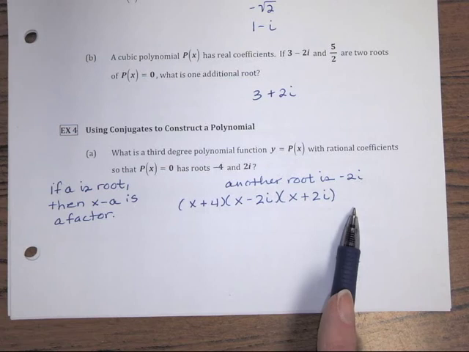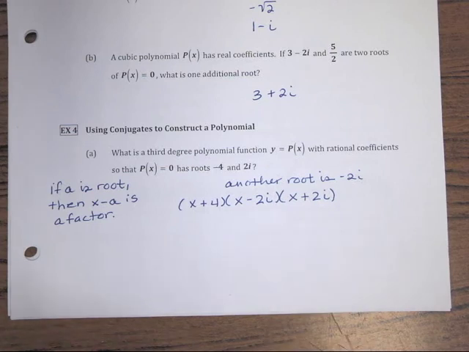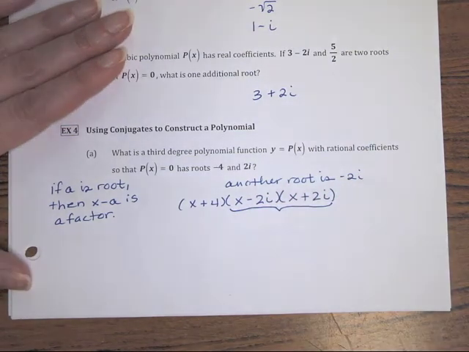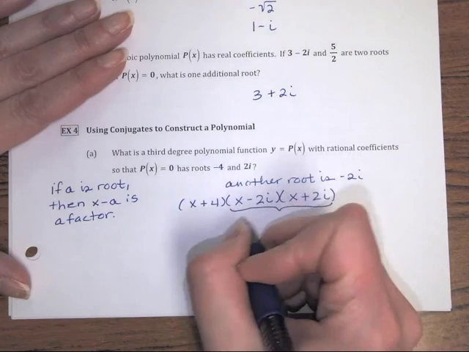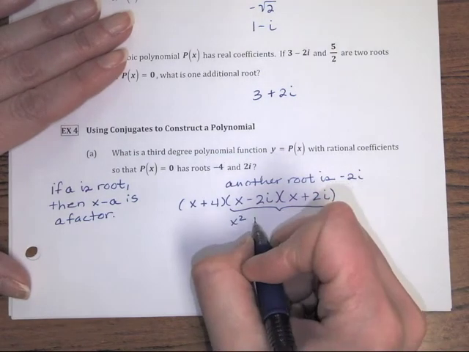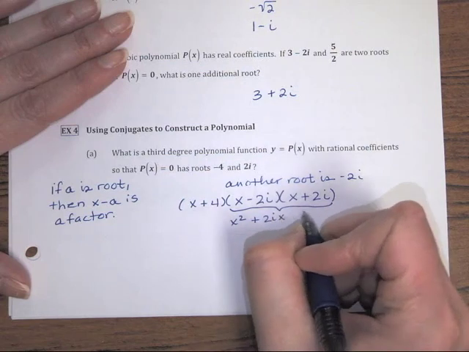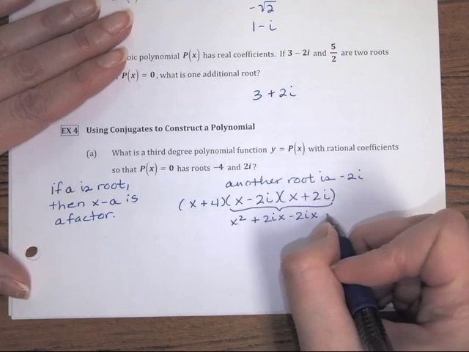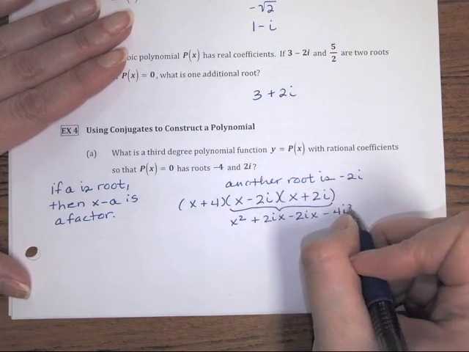Let me tell you, when you have conjugate pairs like you do here, do them first. Okay? So the first thing we want to do is these two. So FOIL these. x times x is x squared. On the outside, plus 2ix. On the inside, minus 2ix. And the last is minus 4i squared, right?